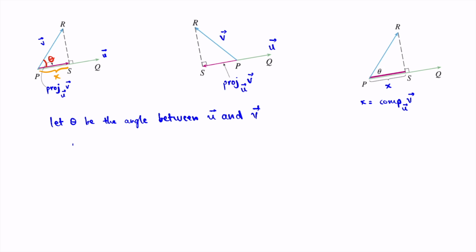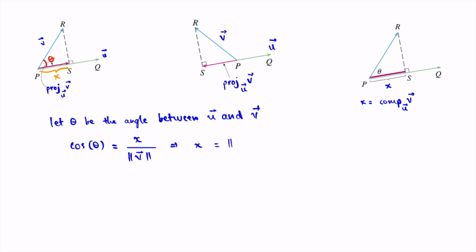Then cosine of theta, which is the adjacent over the hypotenuse, is x over the magnitude of v. So again, this is the right triangle. x is the magnitude of the vector projection, and here is vector v, so the hypotenuse is the magnitude of v. And you can solve for x from here.